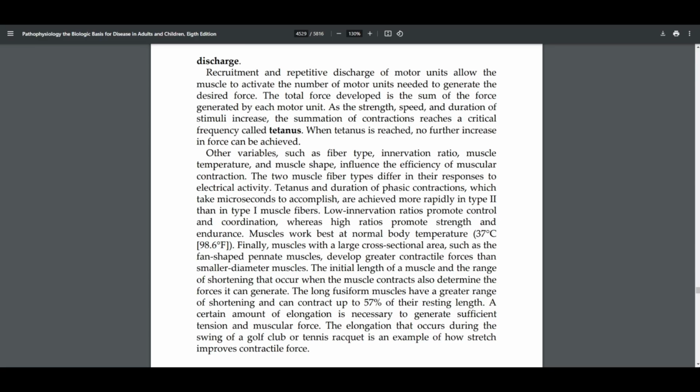The total force developed is the sum of the force generated by each motor unit. As the strength, speed, and duration of stimuli increase, the summation of contraction reaches a critical frequency called tetanus. When tetanus is reached, no further increase in force can be achieved.